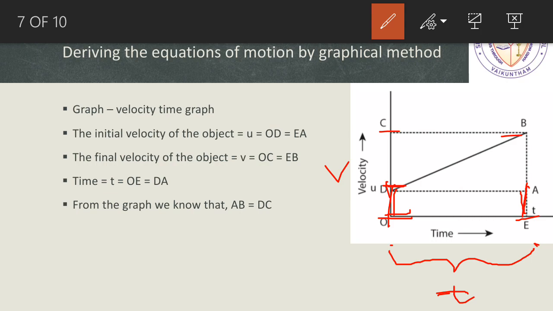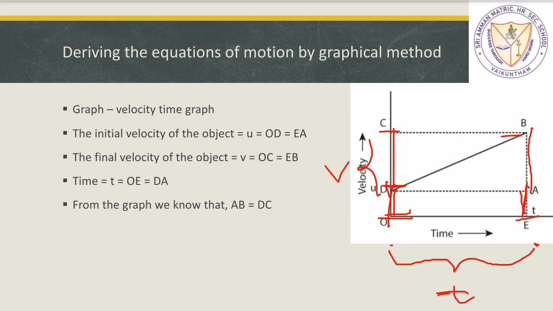And one more thing: since OC and EB are equal and OD and AE are equal, we can say that CD and BA are also equal. These are the things we should remember in proving this.